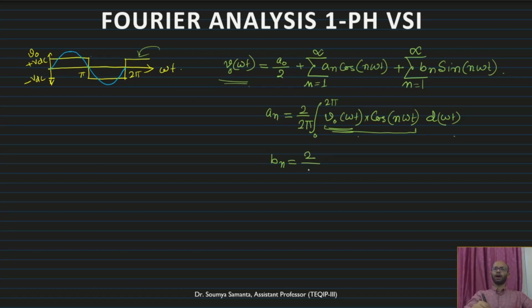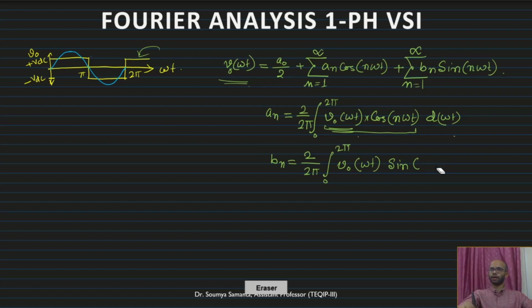Similarly, we can get bn in a similar way: 1 by pi integral from 0 to 2 pi of V output of omega t into sine of n omega t, d omega t. So this is how we can find an and bn.